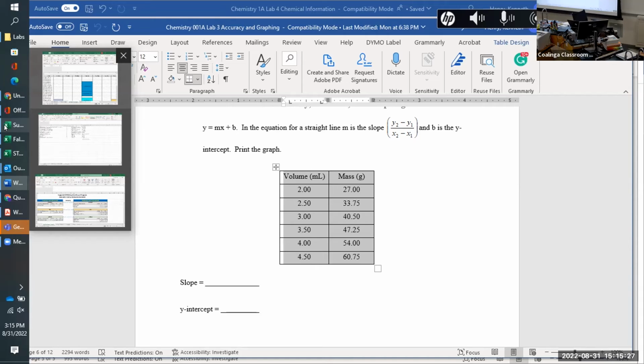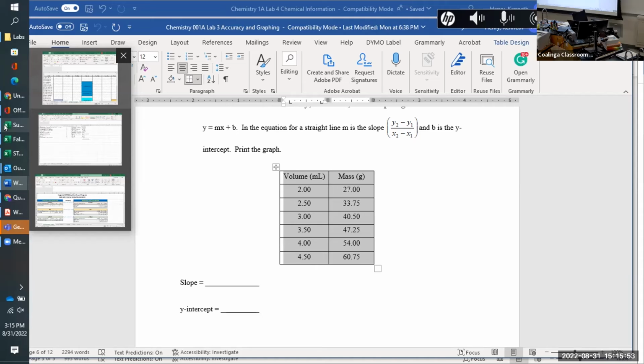Now it makes sense. I'm asking to see if it wants a scatter plot or a line chart. If you could change the scale, double click on the vertical axis, and you can change your minimum value and your maximum value.